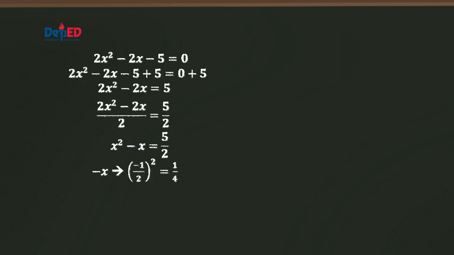We take the numerical coefficient in the linear term, which is negative 1 in this case, square its half, and add the result, which is 1/4, to both sides of the equation. The left side should be expressed as the square of a binomial. So we begin with getting the square root of x squared, which is x.